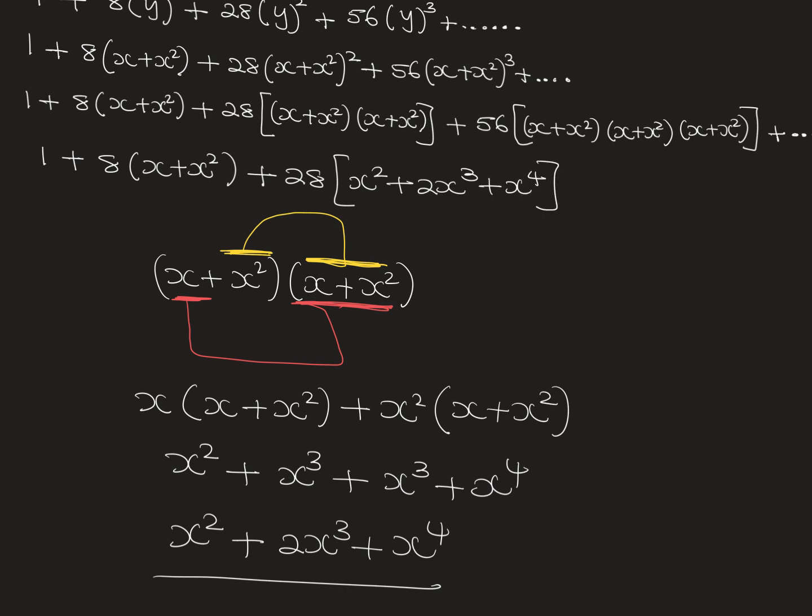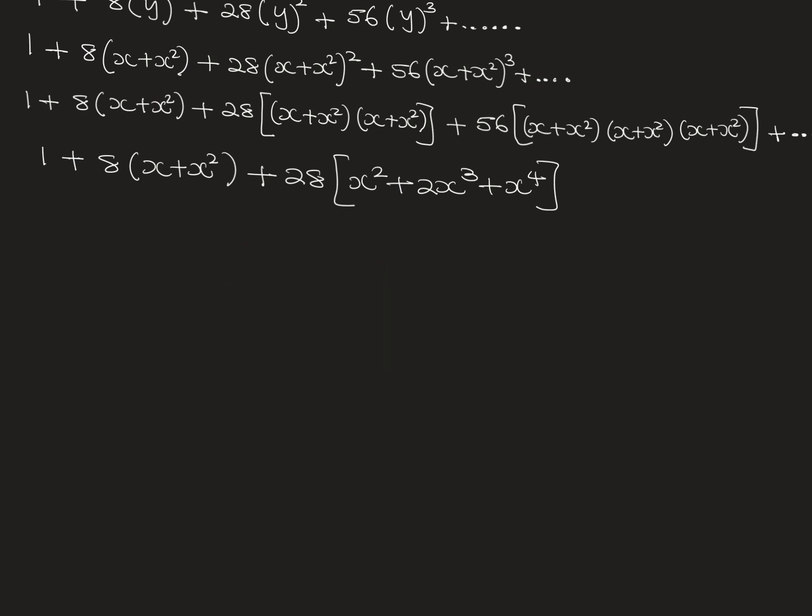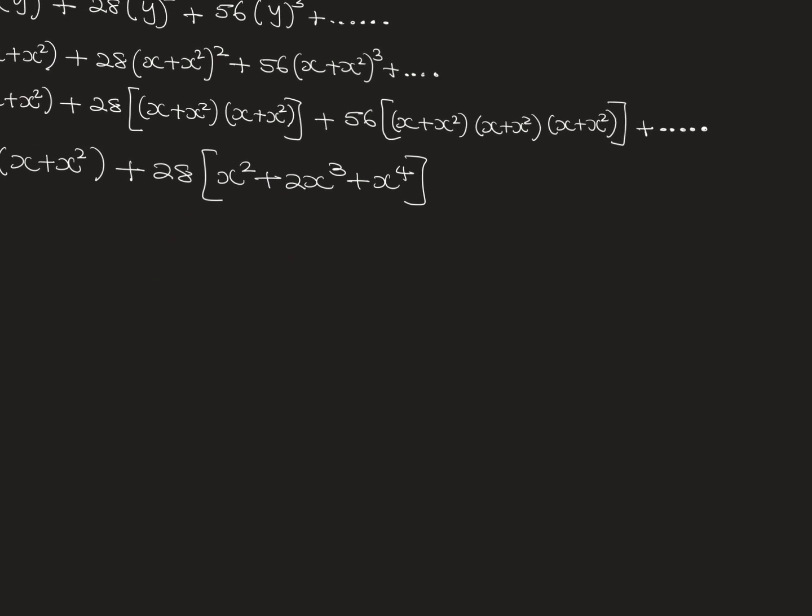All right, and let me delete this. If we continue, we'll have plus 56 into, what will we do to expand this? If you expand the whole of this, what will it give you? Well, we know that if we multiply two of these terms, we will have something similar to this, right?